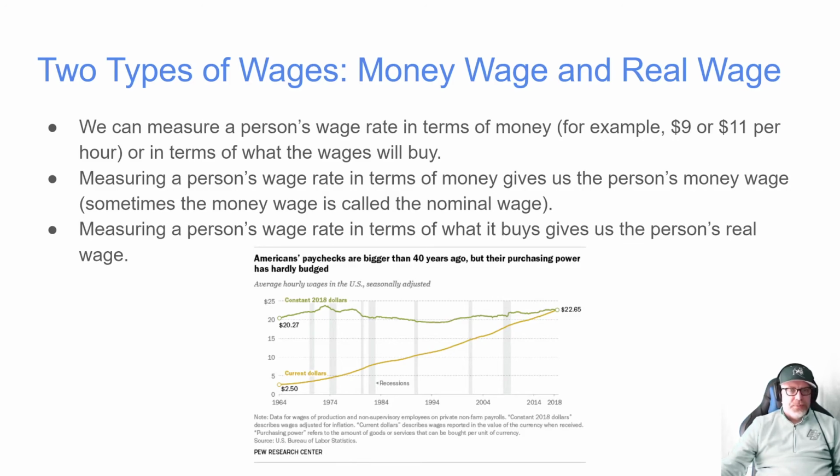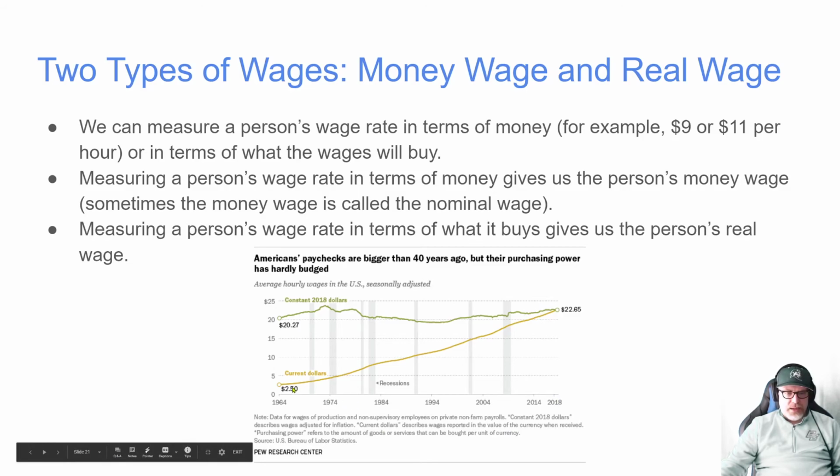So just because you're paid $100, does that mean that $100 can buy $100 worth of goods? It sounds strange to say it like that, but what you're doing is comparing, in this case over a 40-year period, what is the value of the dollar in 1964 versus in 2018?